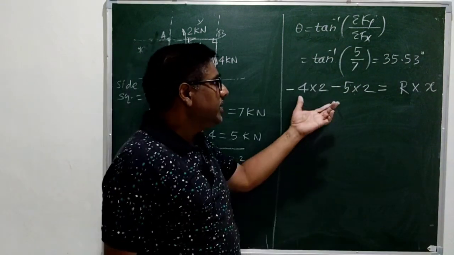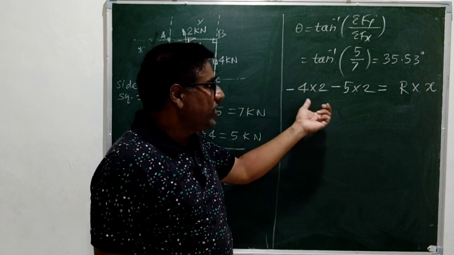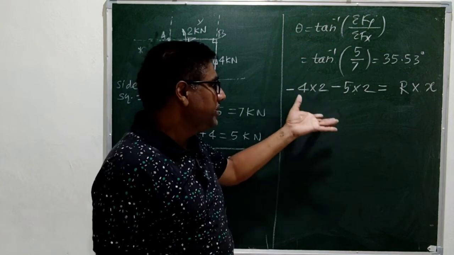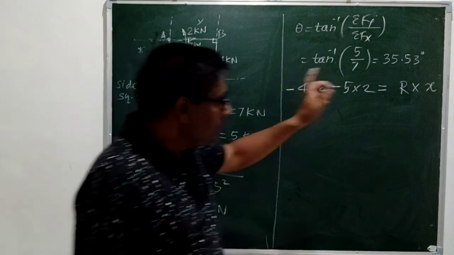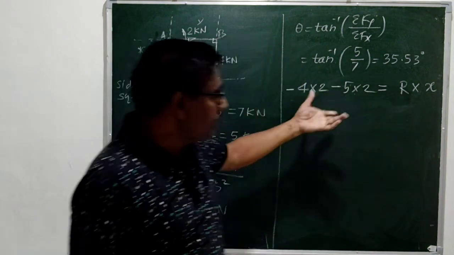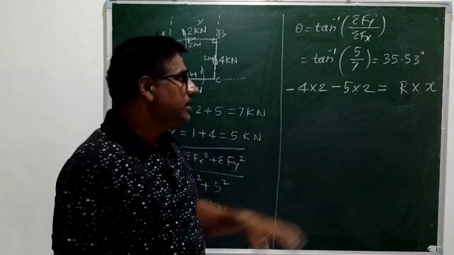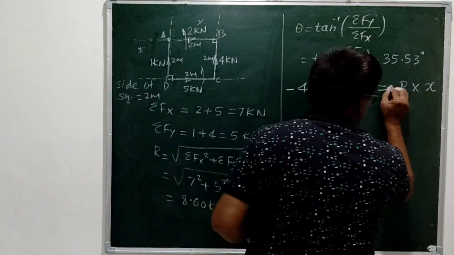Here we are getting the net moment value negative. What does it mean? The net moment is anti-clockwise. Therefore the resultant should again produce the same type of movement, that is anti-clockwise movement. For that we need to attach minus sign.